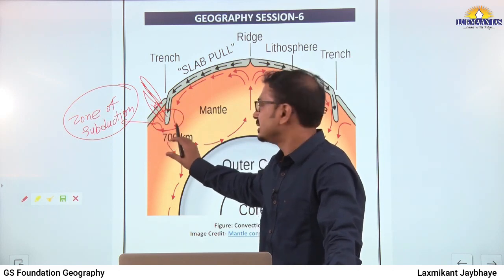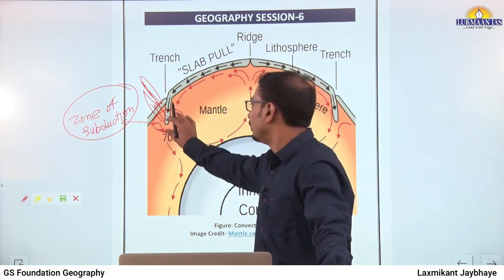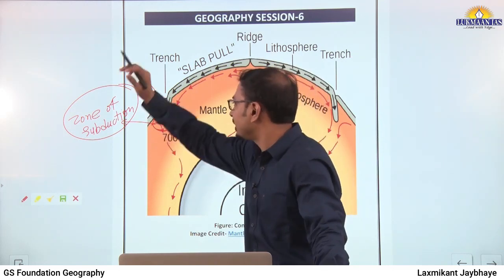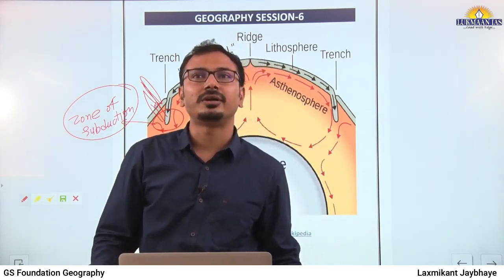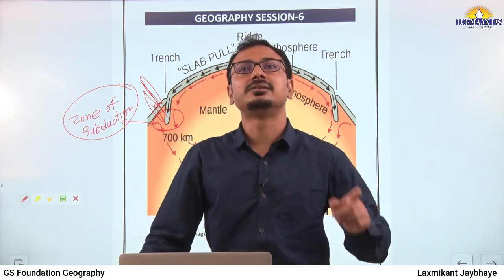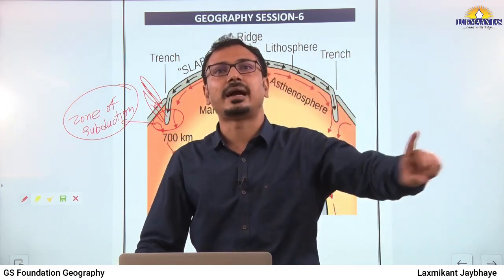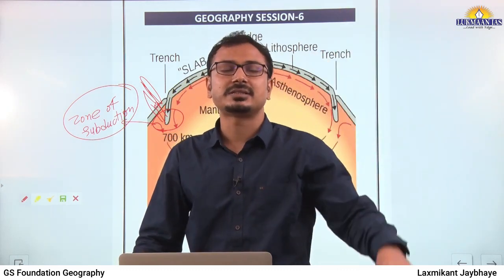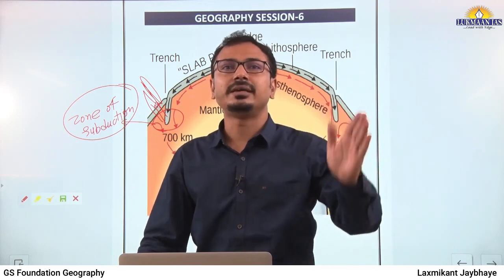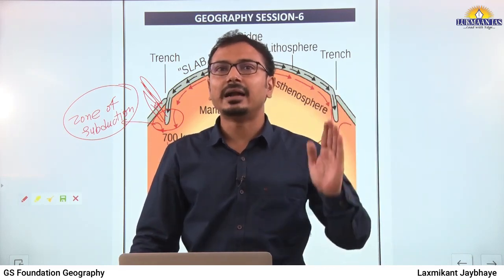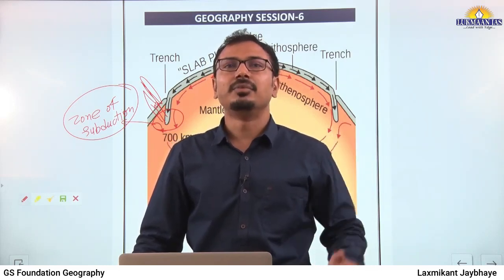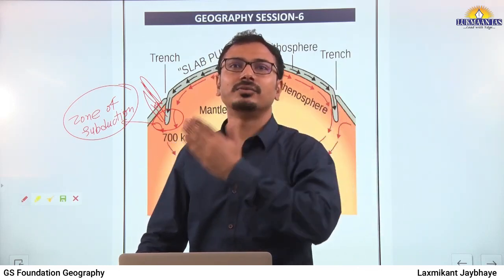Okay. This melted material of the crust tries to come upward, and if that region lies below the continental mass, that results in volcanic eruptions and the formation of mountain ranges. For example, the Rockies and Andes. Rockies in North America, Andes in South America. Basically, they are formed because of this reason.